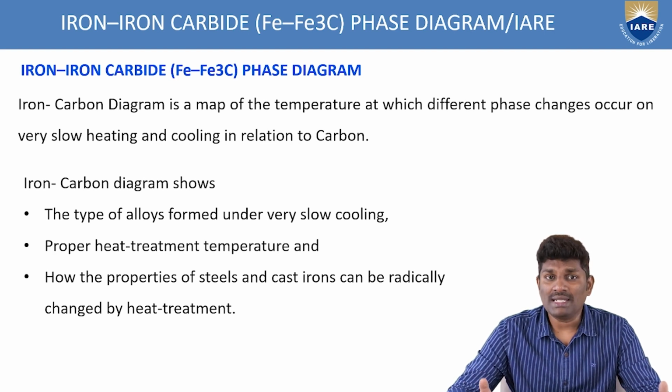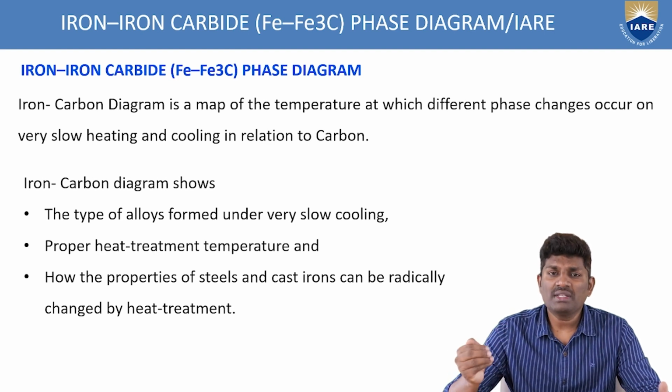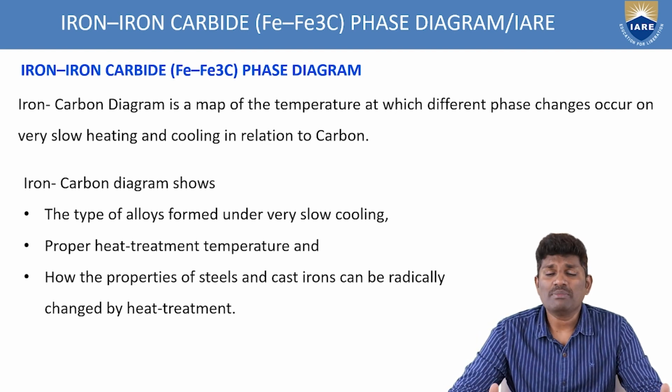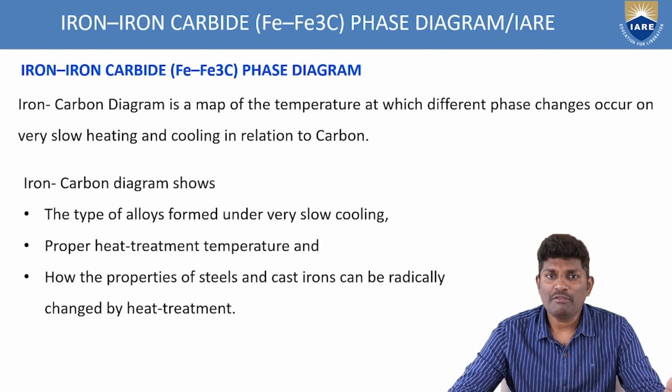For steels and cast irons, these can be radically changed with heat treatment. If you go on increasing or reducing the temperature, there may be changes in the properties of the steel as well as the cast iron. These can also be calculated with the help of the iron carbon phase diagram.